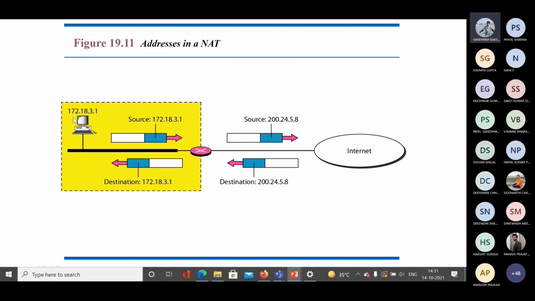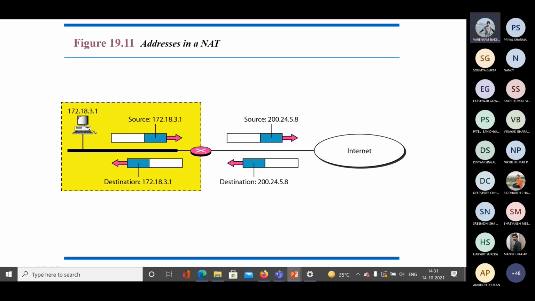So if this is the source which is sending a packet, in the header you will have the source address as 172.18.3.1. In the NAT router, there will be a NAT translation table where you will put this information, that this host is trying to send information to the outside world. The source address is 172.18.3.1, and for any particular destination address it is sending to, that will also be put in the NAT table.